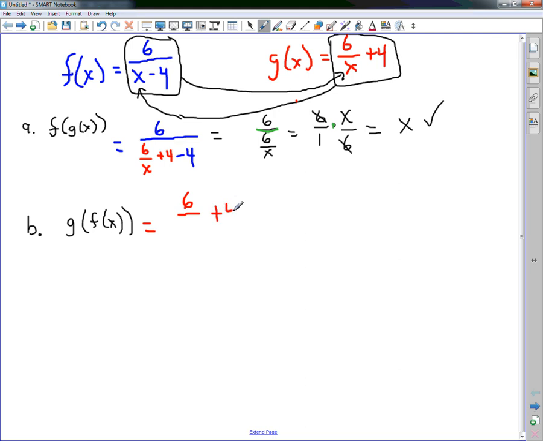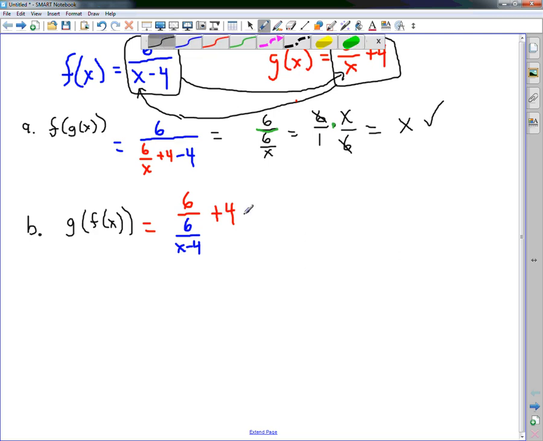Now instead of x here, I'm going to plug in my f of x function. Let's go ahead and use blue for that. So we end up with 6 over x minus 4, in the denominator, plus 4 in the back. I've taken the f of x function, the blue one, and plugged it into g of x for the x term.